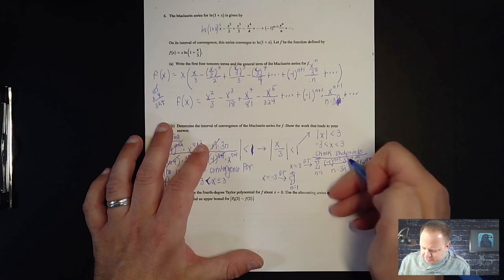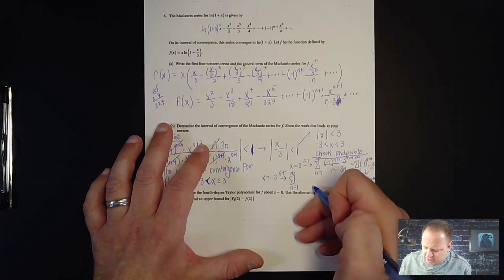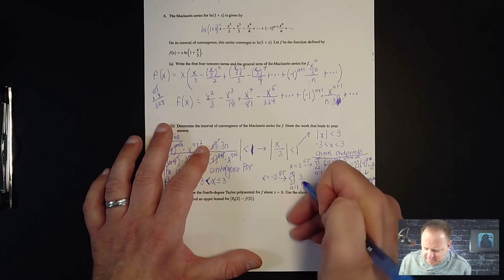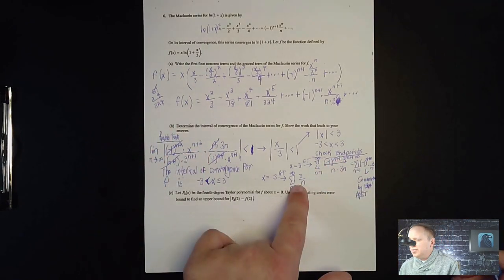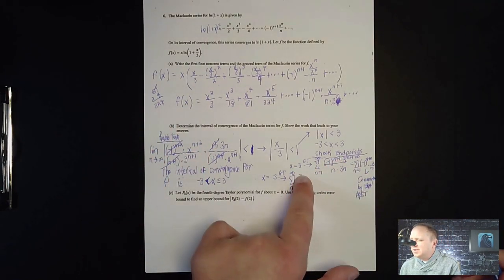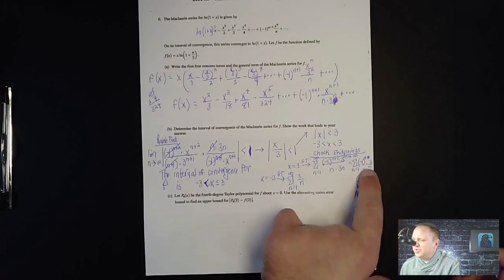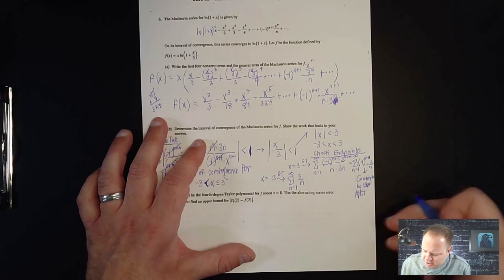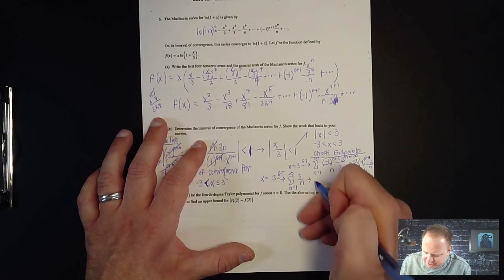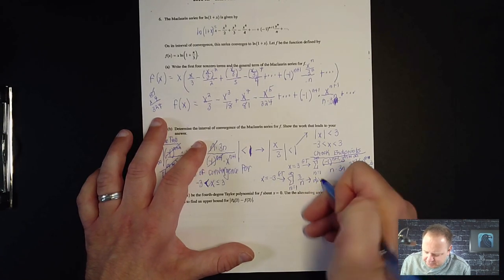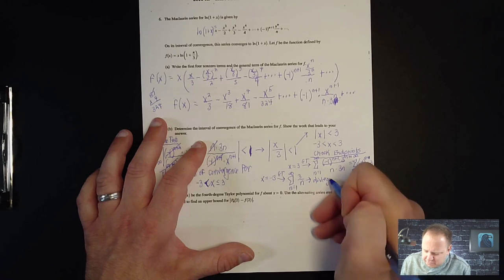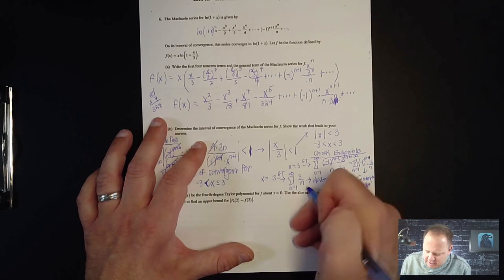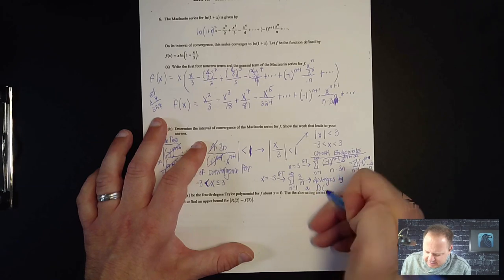So, I'm sorry, this would all wash itself out. What I know that this becomes is actually 3 over n. This is 3 over n, no longer alternating. Well, we know that this diverges by a direct comparison test.